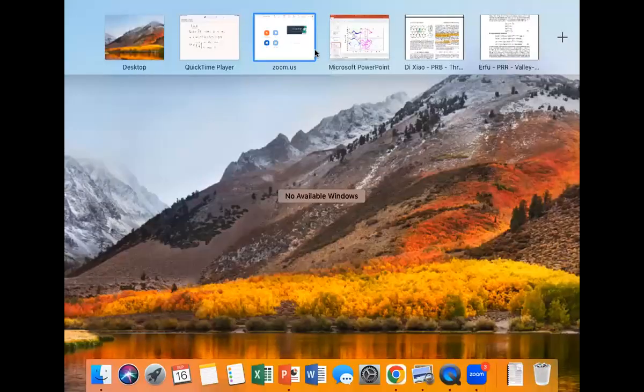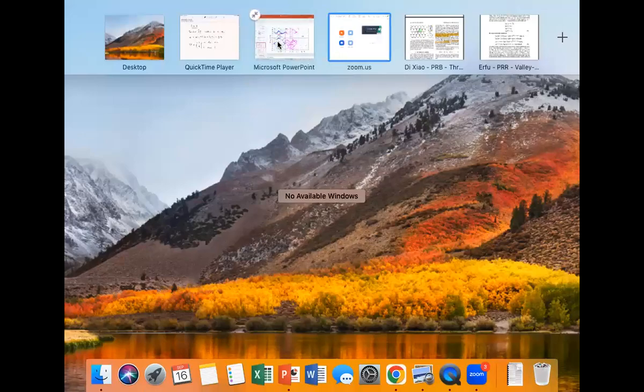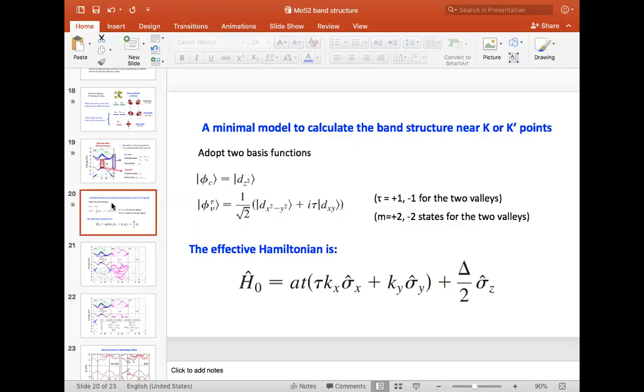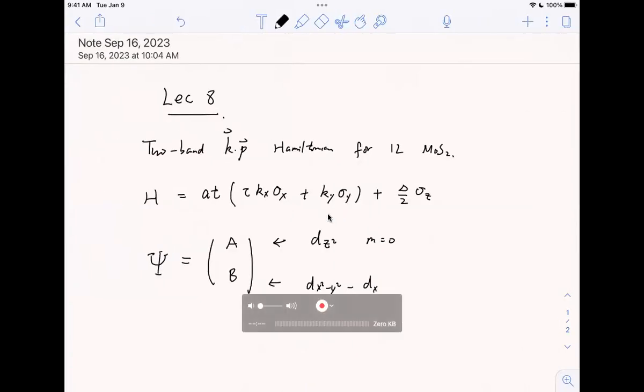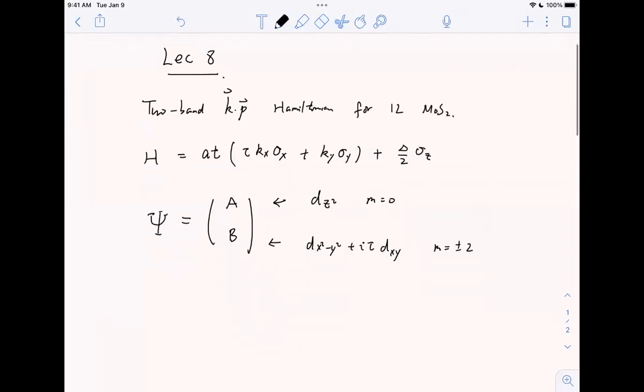Okay, let me look at the PowerPoint. Yeah, dxy. Okay, dxy. This is plus i tau. So this corresponds to m equal to plus or minus 2.